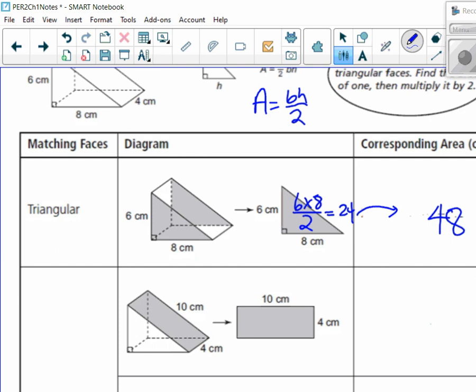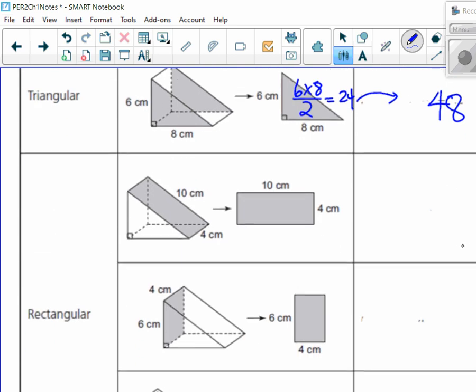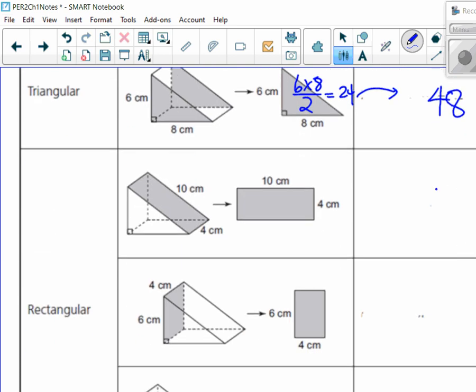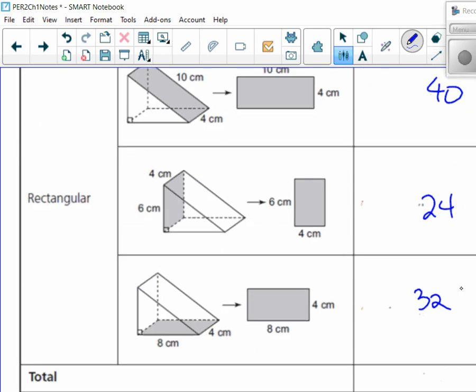But for the most part, you can just assume that the 3 rectangles wrapped around the triangle are different. So this is a 10 by 4, which is 40, a 6 by 4, which is 24, and an 8 by 4, which is 32. If I add that all up, I get 144 square centimeters. So pretty easy. Same kind of concept that we did before, except it has a different base.